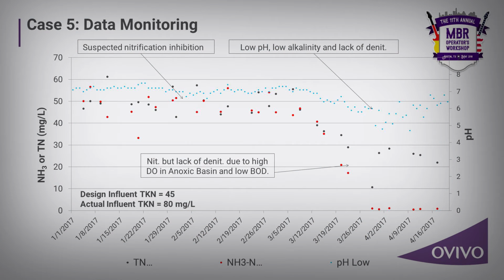The plant was originally designed for a TKN of 45 milligram per liter, but the actual influent TKN was 80. We had high spikes such as 200 milligram per liter, 133 milligram per liter, 180. So we had lots of high spikes of TKN.